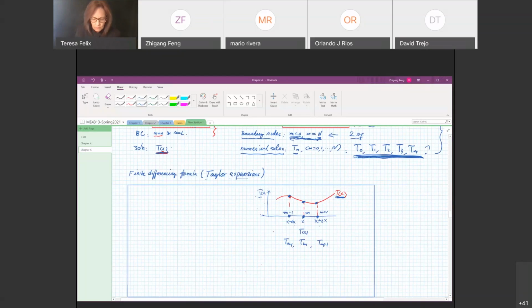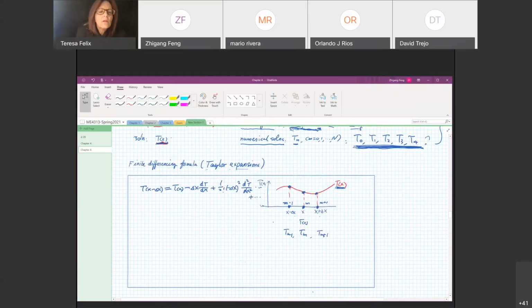So according to the Taylor expansion, we have T(x minus delta x) equal to T at x, minus delta x multiplied by dT over dx, plus 1 over 2 factorial delta x squared multiplied by the second order derivative, plus higher order terms. So I hope everyone still remembers the Taylor expansion.